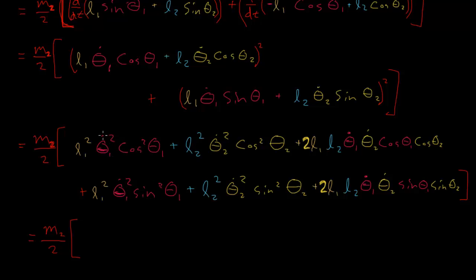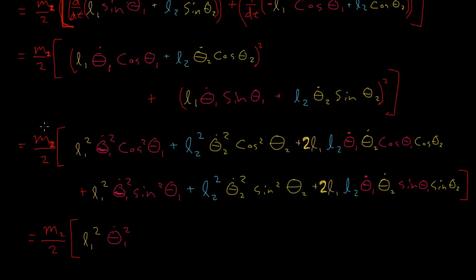We can factor out this L1 squared theta 1 dot squared, right? And then there's a cosine squared plus sine squared, which is 1. So these actually just combine into this nice smaller term here. And then the same thing happens for these L2 squared theta 2 dot squared terms.